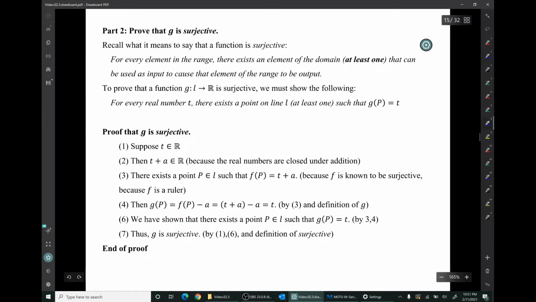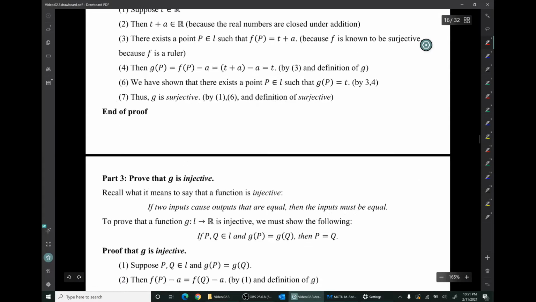The proof that G is surjective had at its heart the fact that we knew that F is surjective. And that was because we know that F is a ruler. So proving that G is qualified to be called a ruler is going to involve using the fact that we know that F is a ruler.